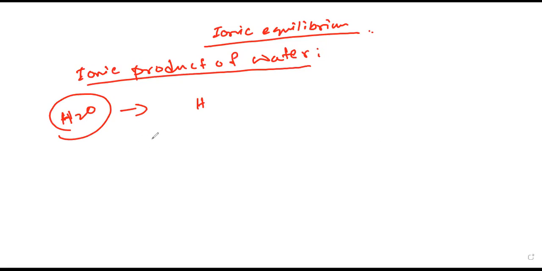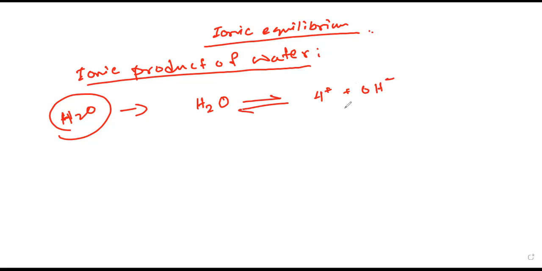Now, if we want to write the equilibrium reaction of water, it undergoes a reversible reaction. That means it has a two-way direction reaction where it partially ionizes to form H plus and OH minus ions.